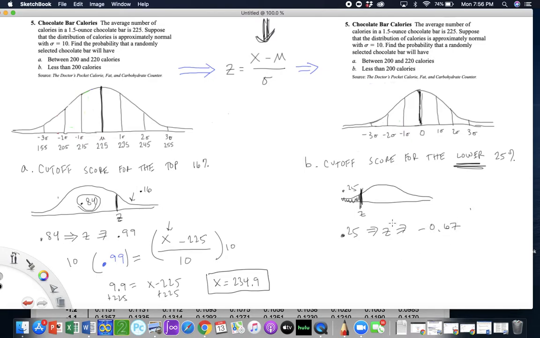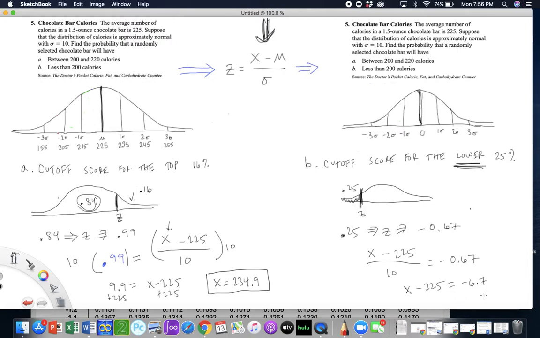All right, so now I'm going to use the calculator here, or my z-score formula, to find out what value of x would give me the z-score that I want. So let's see, x minus 225, I'm getting the mean from our original problem here, divided by the standard deviation equals the z-score I want to find. I do times 10 to both sides, so that would be x minus 225 equals negative 6.7.